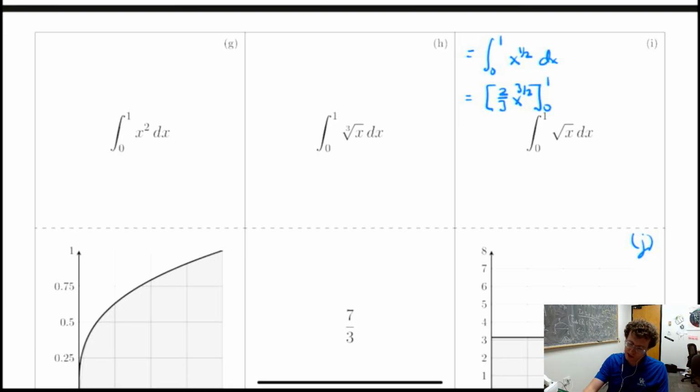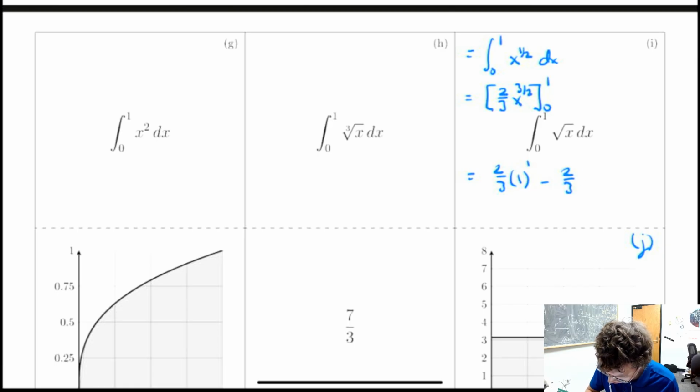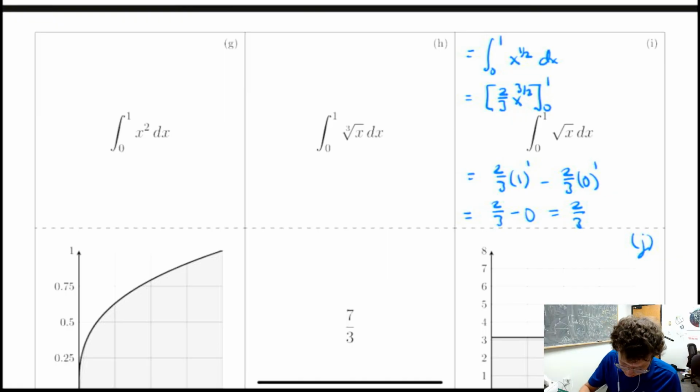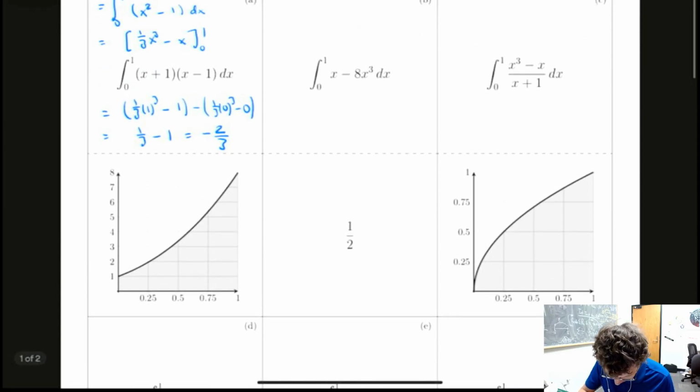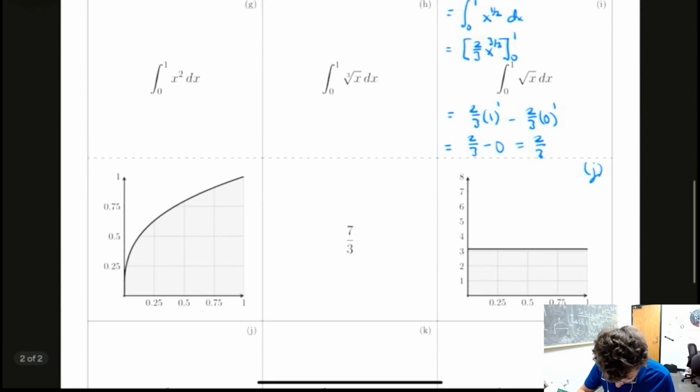Now when I differentiate, I get 2/3 times 3/2 x to the 1/2, which is just x to the 1/2. Plug in 1, plug in 0, subtract. That's 2/3 minus 0, which is 2/3. Is 2/3 an answer? No, it's not. So this must be a graph.